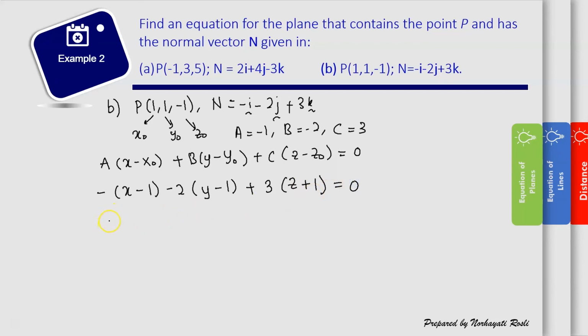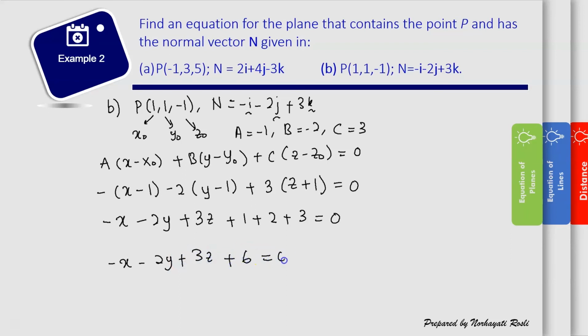When we expand this equation, we have negative x minus 2y plus 3z plus 1 plus 2 minus 2 times negative 1 plus 3 equal to 0. So we will have negative x minus 2y plus 3z plus 6 equal to 0.